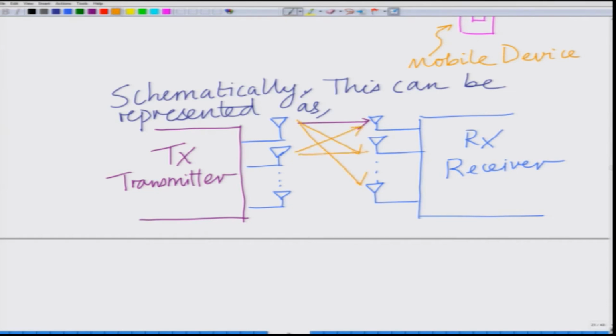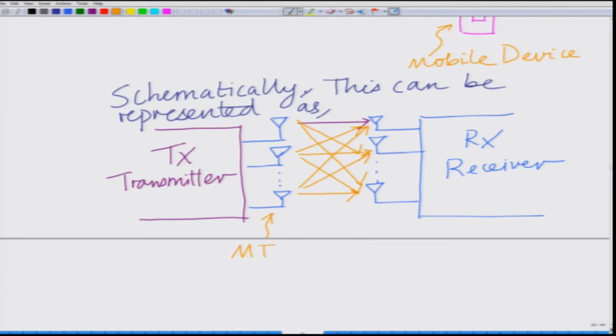Look at this: I have a path between every transmit receive antenna pair, between every transmit antenna and every receive antenna I have a channel. So, if I have m transmit antennas and r receive antennas, I am going to have a total collection of m times r channels.